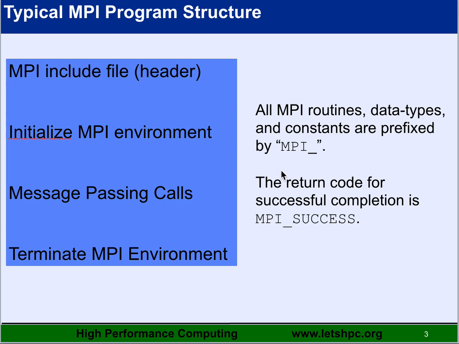All MPI routines, data types, and constants are prefixed by MPI underscore. So when you are using a particular call or a particular data type, you always have to prefix it with this MPI underscore. The return code for successful completion of the program is MPI_SUCCESS. Here also you can see it has been prefixed by MPI underscore.